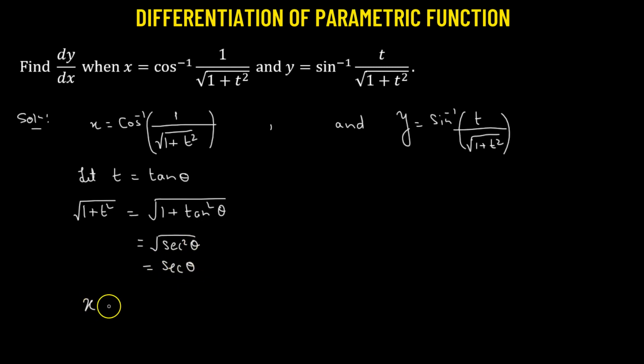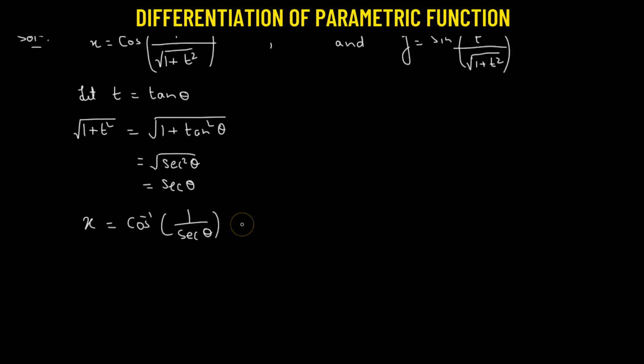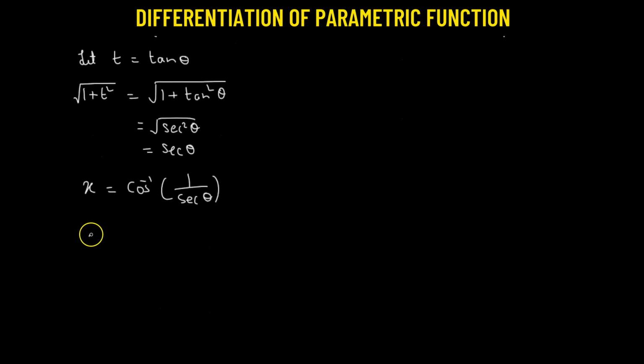That means x becomes equal to cosine inverse of 1 over secant of theta. Now secant of theta is actually the reciprocal of the cosine function. So we have x equals cosine inverse of cosine of theta, which is simply equal to theta.